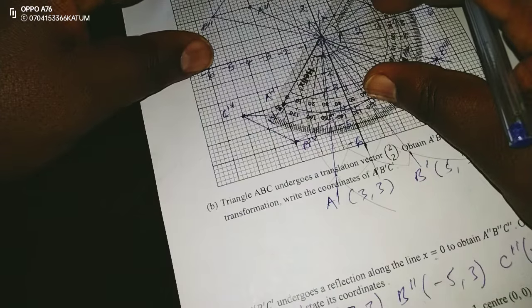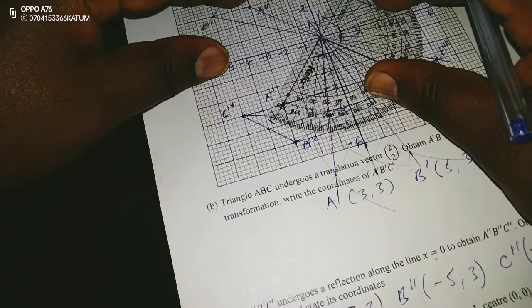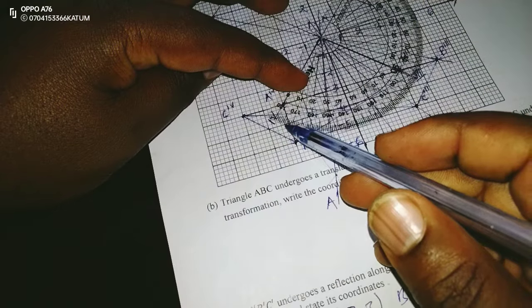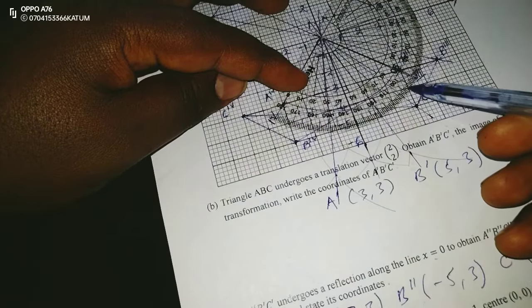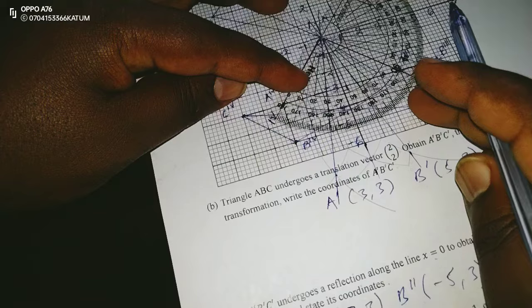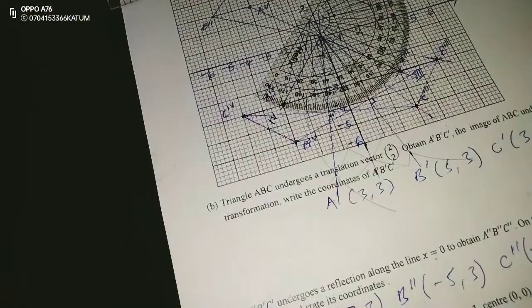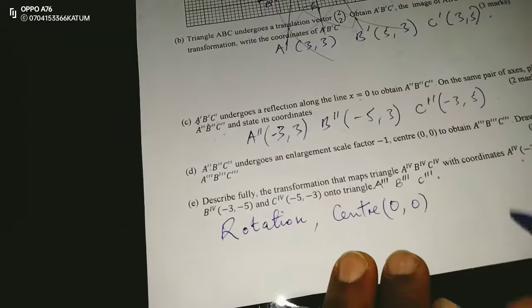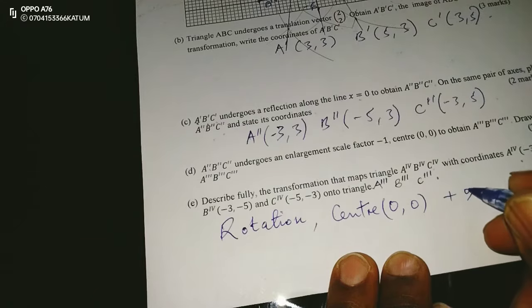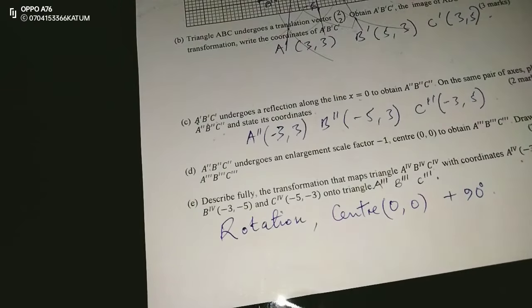And according to this turning, we are turning in the anti-clockwise direction. So if an angle is measured in the anti-clockwise direction, it is given a positive sign. So we'll say it is positive 90 degrees. So rotation, center 0, 0, angle positive 90.